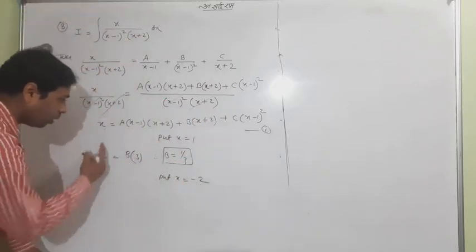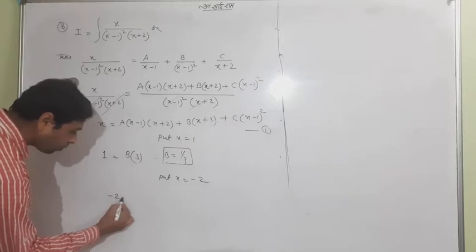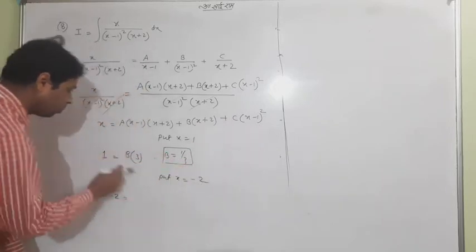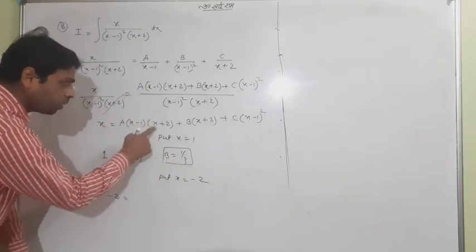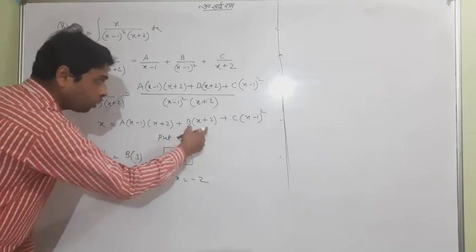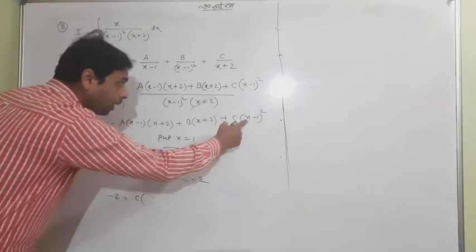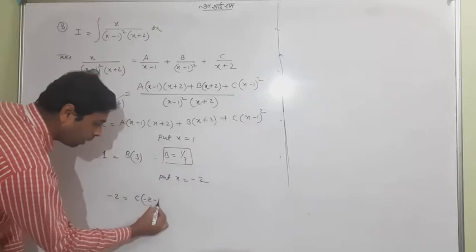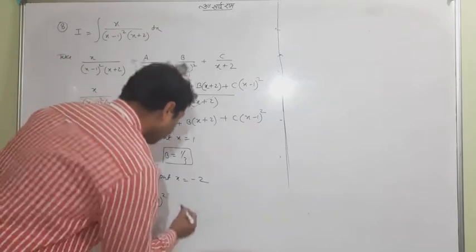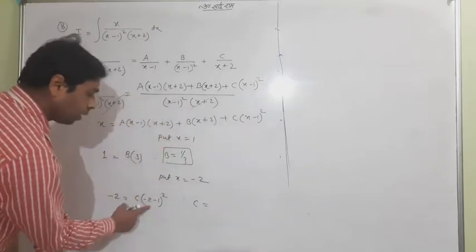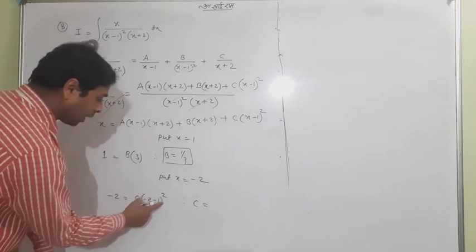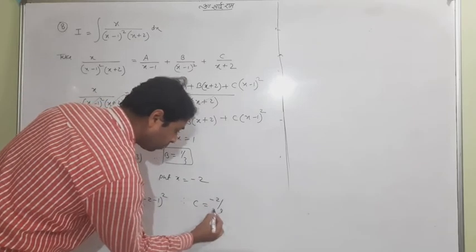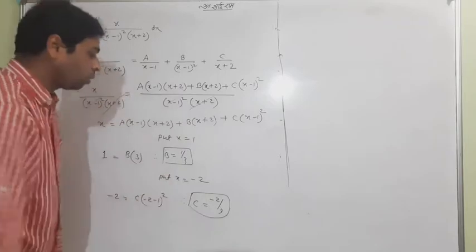It's minus 2. A times minus 2 plus 2 is 0. Minus 2 plus 2 is 0. And last is minus 2 minus 1 square. What will it give you? C equal to, this is minus 3 square, 9, so minus 2 by 9. You got C equal to minus 2 by 9.